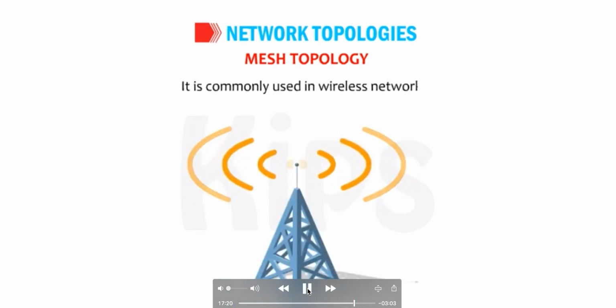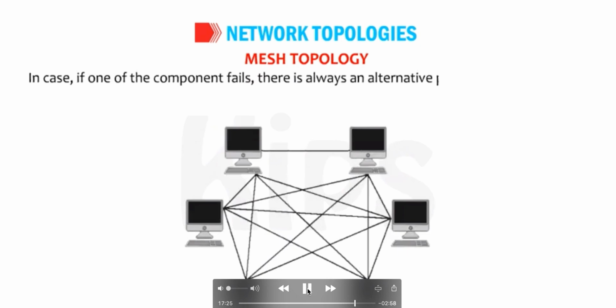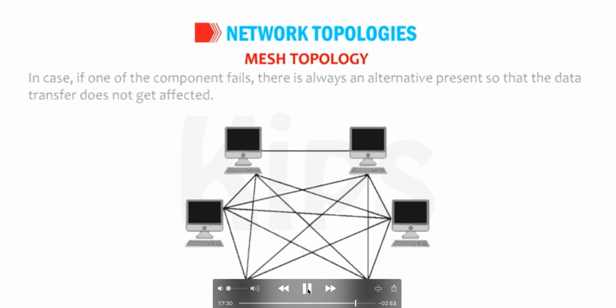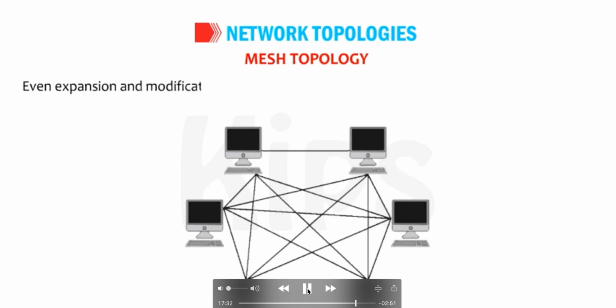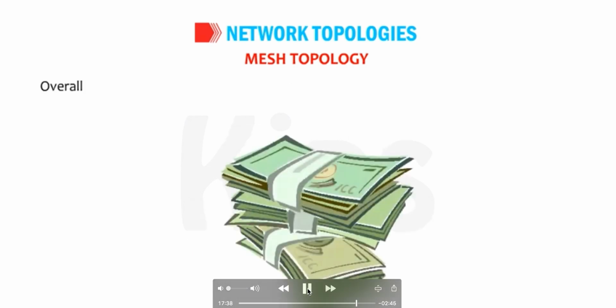It is commonly used in wireless networks. In case one of the components fails, there is always an alternative present so that the data transfer does not get affected. Even expansion and modifications can be done in this topology without affecting the other nodes.